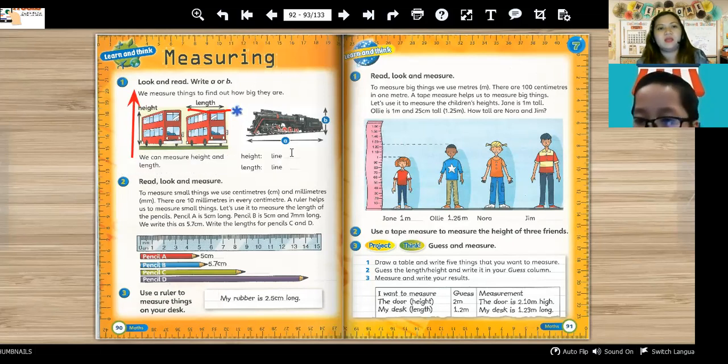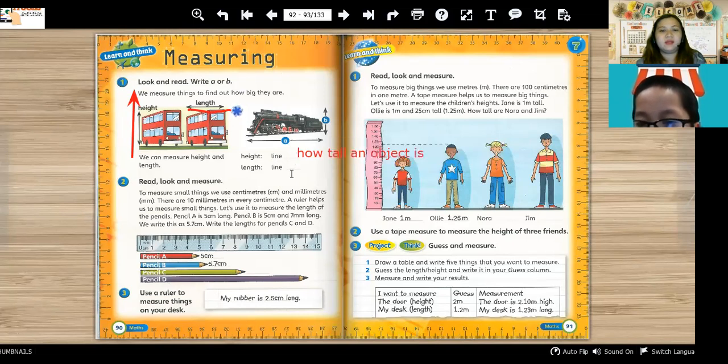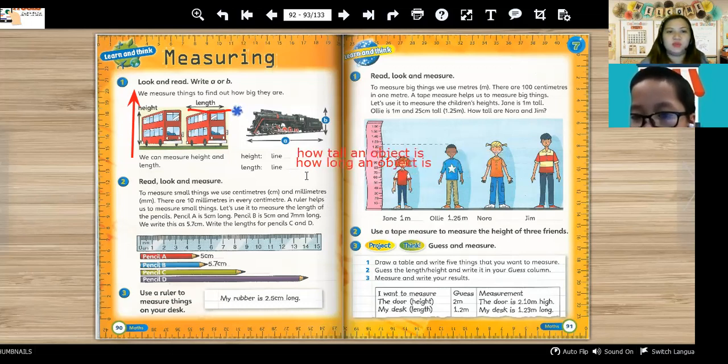Okay, so height is how tall an object is, and length is how long an object is. Okay, so that's the difference between the length and the height. Okay, so do you have a question about height and length?